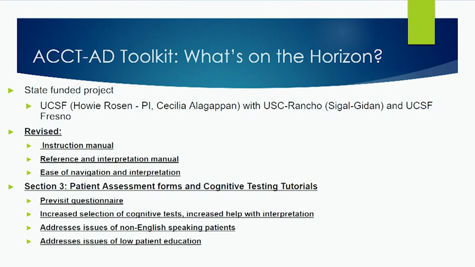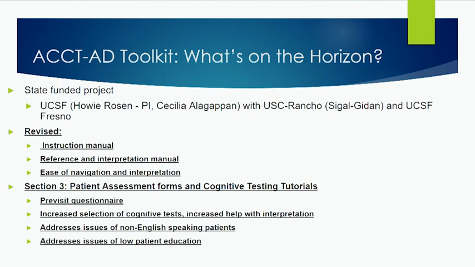There's increased information about the selection of cognitive tests and increased help with interpretation, which is something that not all of the guidelines really do, i.e., how do you use it if the St. Louis or the SLUMS is 1 point below dementia, do you have to declare dementia, that sort of thing, because that's sometimes difficult to know for people who are not specializing in dementia.